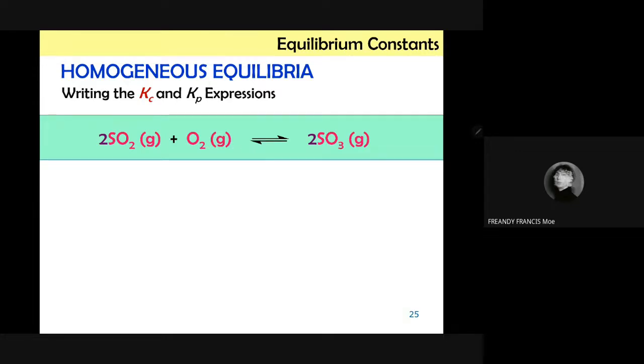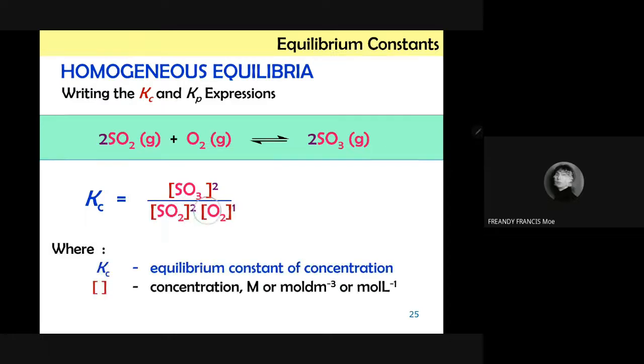You guys done? Dah tulis Kc dia? Okay. So the Kc should look like this. SO3 to the power of 2 bahagikan dengan SO2 to the power of 2, O2 to the power of 1. Okay. So senang je. Nak write dia senang saja.